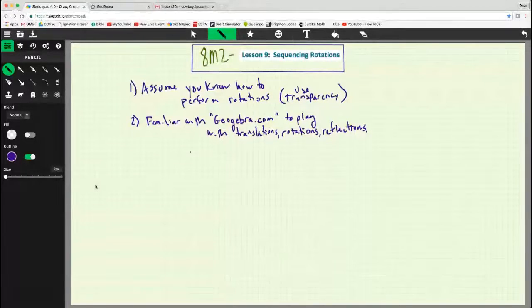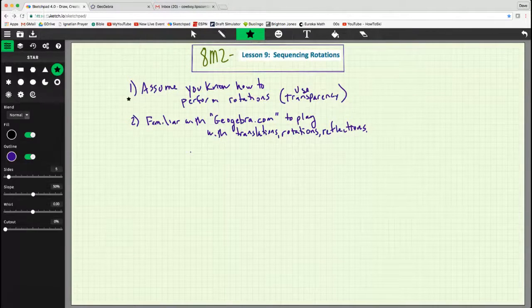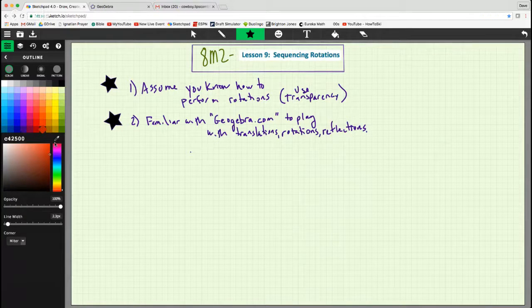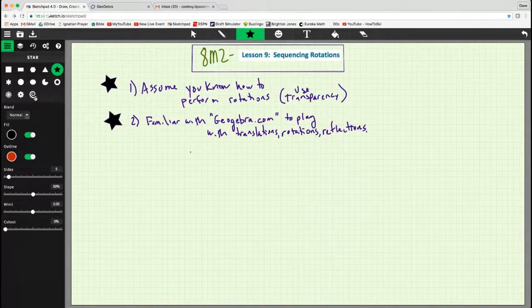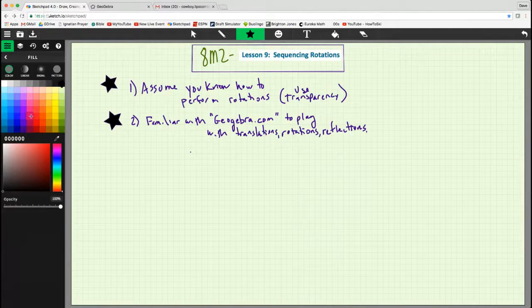And I just want to start with two things. And I just kind of told them to you. But first of all, I assume that you know how to perform rotations by using a transparency. And secondly, hopefully you are familiarizing yourself with GeoGebra.com so that you know indeed how to play with translations and reflections and rotations and combining them.